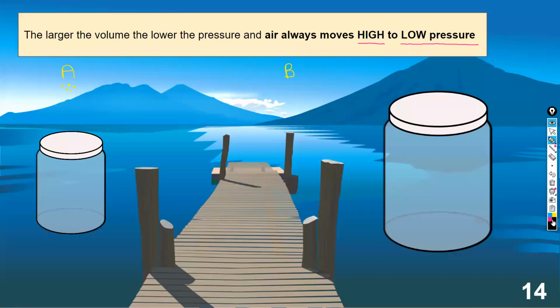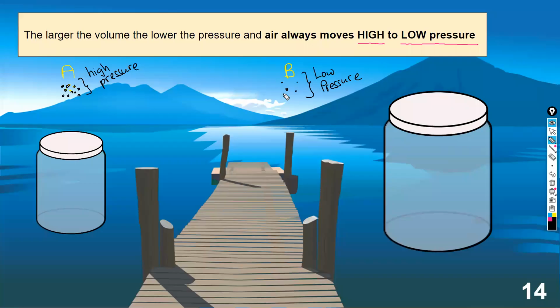So let's say there's a lot of air particles at point A. And I just tell you that at point A, the air is at high pressure. And at point B, I'm just going to put a few less particles. But the point is, at point B, there is low pressure, or lower pressure.